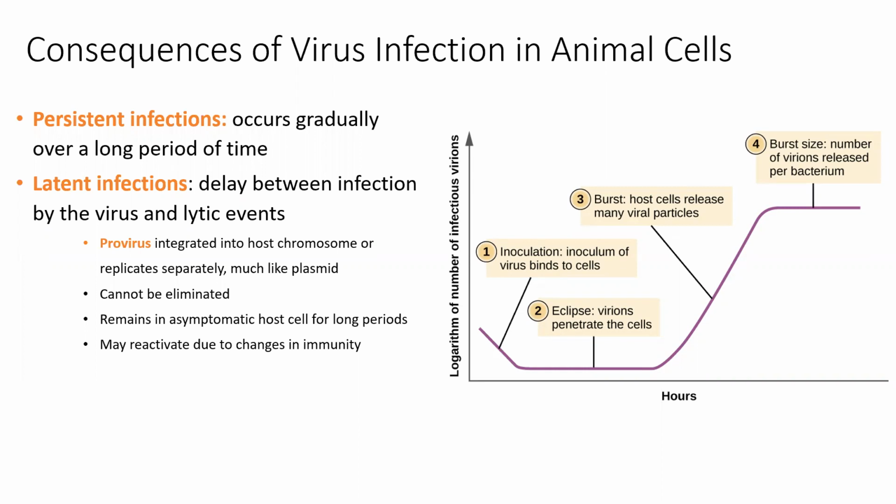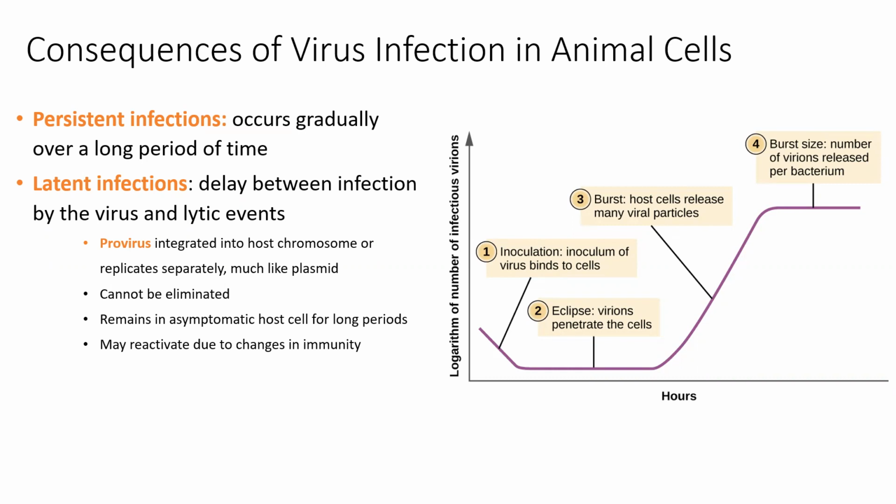And so with that, they can be with you for life. And whenever they exit the cell, they actually are reactivated. That's what it's called when you get those symptoms again. And these cannot be eliminated.